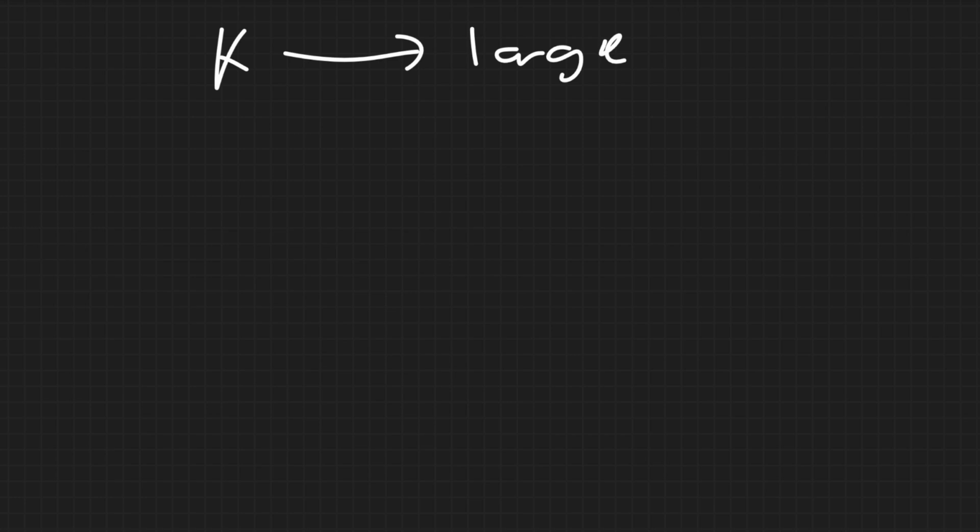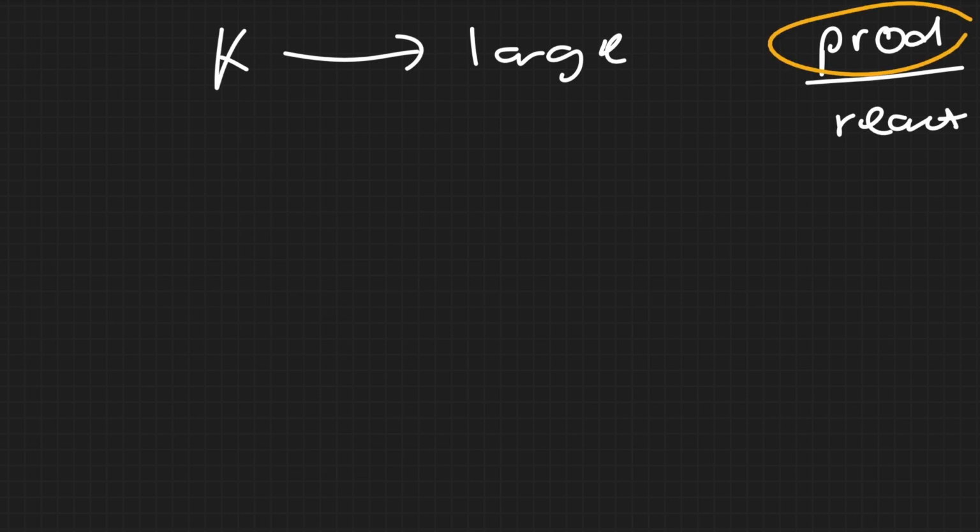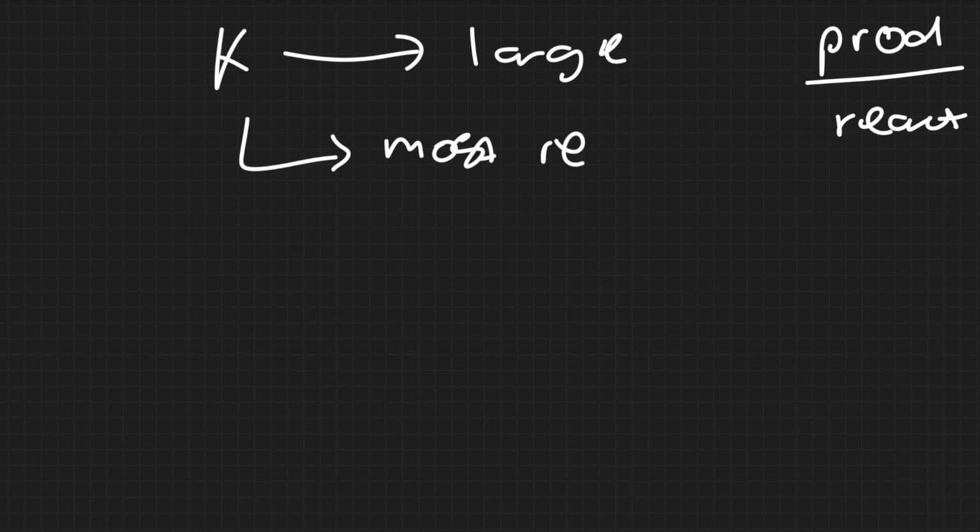So let's talk about what K exactly means. Let's say that we have a K value that's large. Well, remember that K is essentially a ratio of products over reactants. So if we have a large K value, that means that we have a lot of products and not that much reactants, which essentially means that most reactants, I'll just put react, converted to products.